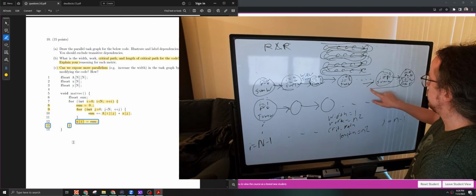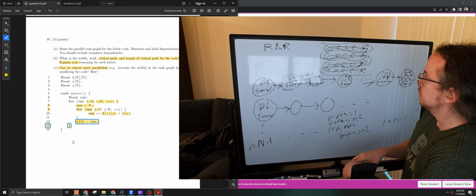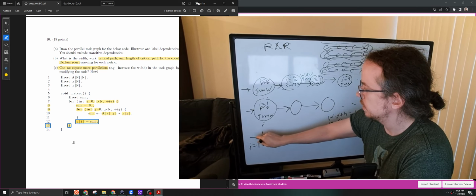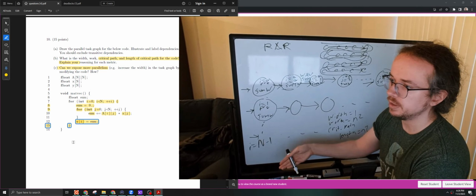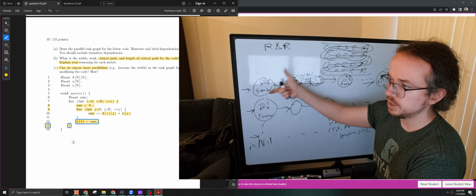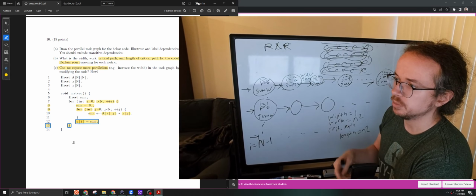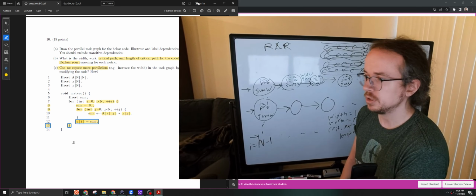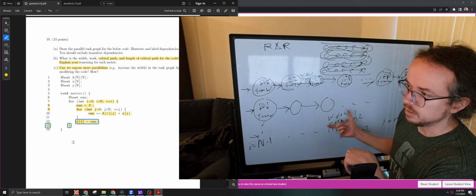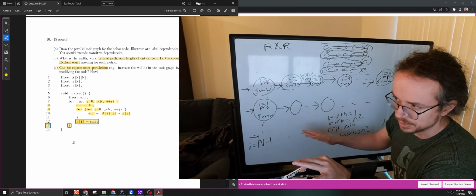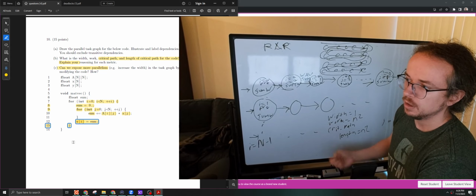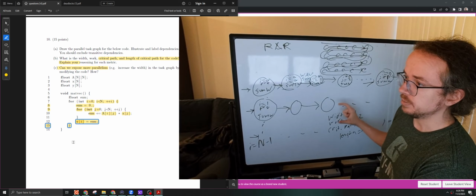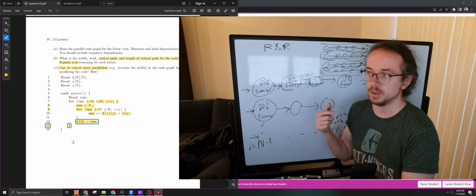So if we're able to remove that, that's going to change our picture so that each row, each i value, is going to be independent, and you can do each i in parallel. And that changes all your metrics. That makes your width n. That makes your work stay the same, but it makes the critical path also n. Which means right now you're not getting any parallelism, and that's going to give you a very high degree of parallelism.